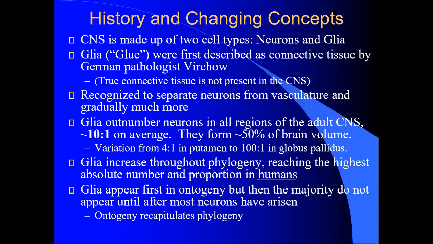Glia increase in number through phylogeny. So this is another principle. You might see a picture of a shark, with this great big diencephalon and this little bitty telencephalon overlying it. And then in the human, the telencephalon is so huge compared to the diencephalon.